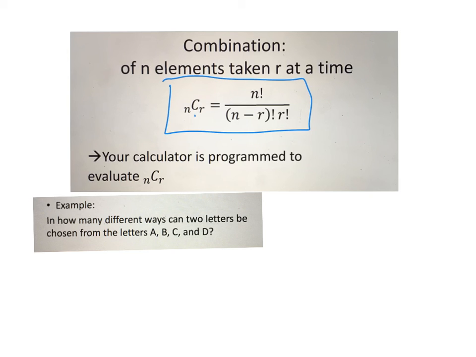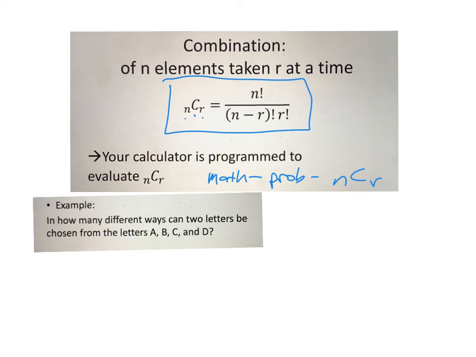This is a combination of n choose r, and the formula is n factorial divided by n minus r factorial times r factorial. You can find this function in your calculator under math, probability, and depending on what version of your calculator you have, it's either number 3 or 4, and it looks like this, nCr.